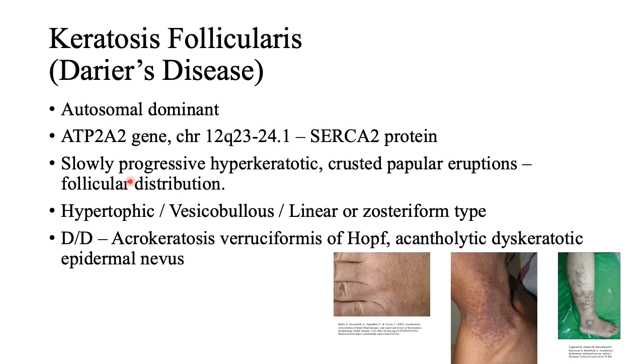Similar clinical manifestations are seen in acrokeratosis verruciformis of Hopf, which are seen in the first picture, the lesions of the hand. The second one is Darier's disease, and the third one is leg lesions representing acantholytic dyskeratotic epidermal nevus. The clinical findings resemble each other.